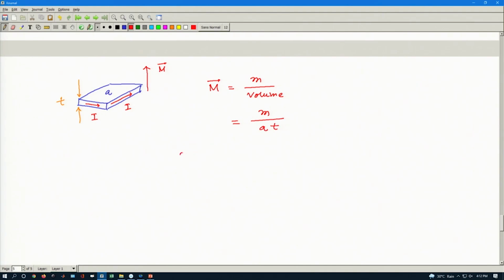So, from here I can see that m, which is the magnetic dipole moment, is magnetization multiplied by AT, magnetization multiplied by volume. Again, the magnetic dipole moment is current into area, as m is equal to current into area.